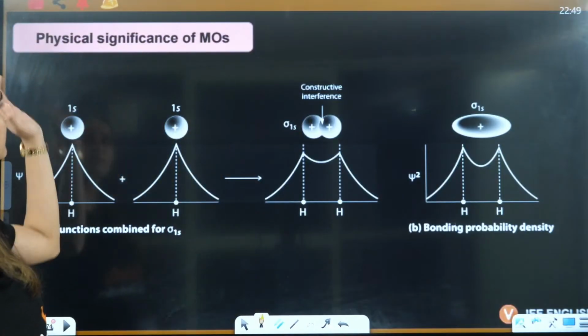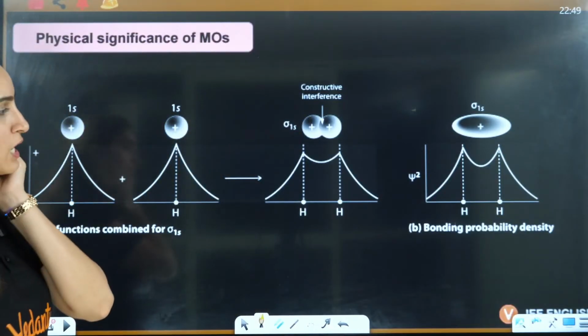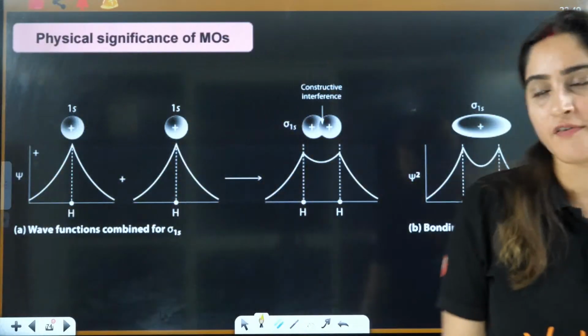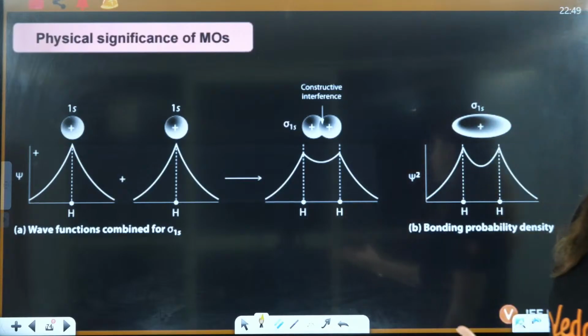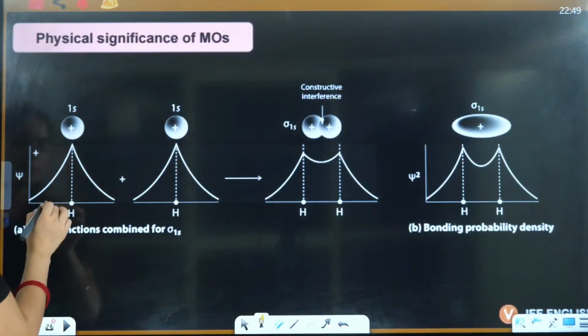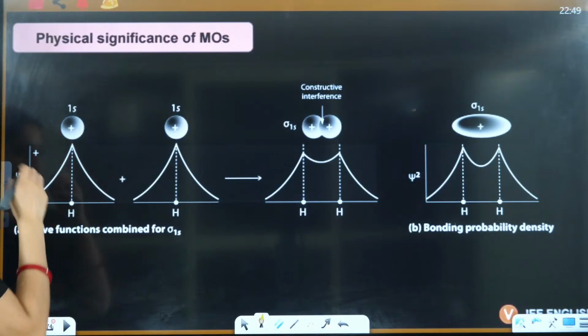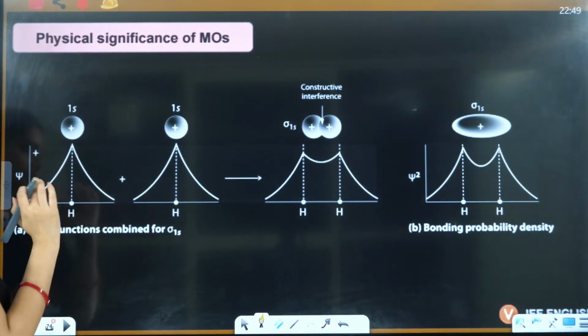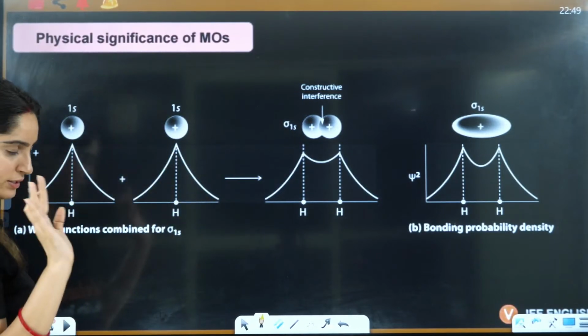Right? Now let's see physical significance of MOs. Now, as I told you, there will be constructive and destructive interference, both of them. So if I say that this is psi, this is for 1s, this is the wave function probability distribution curve.